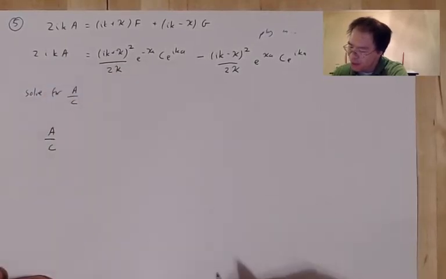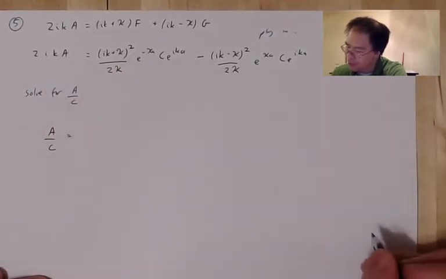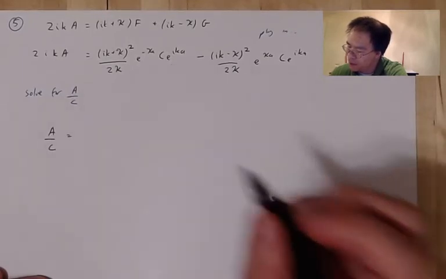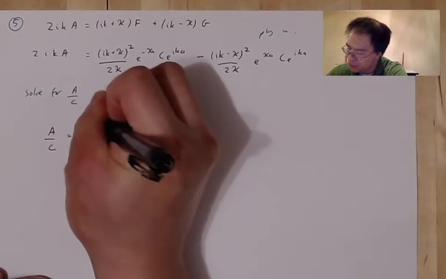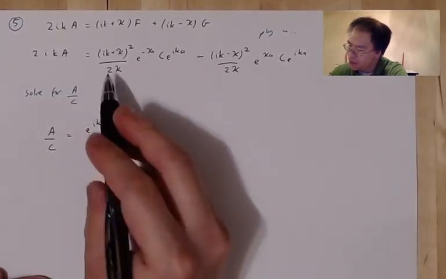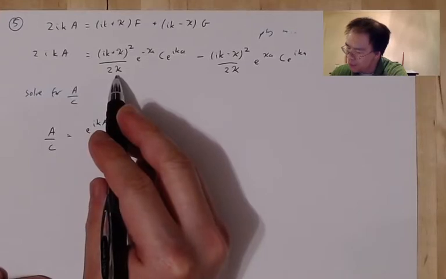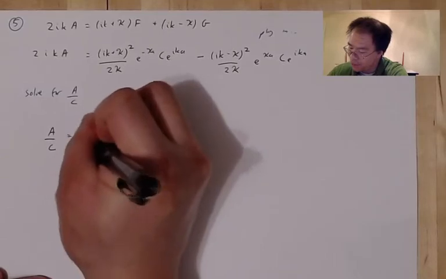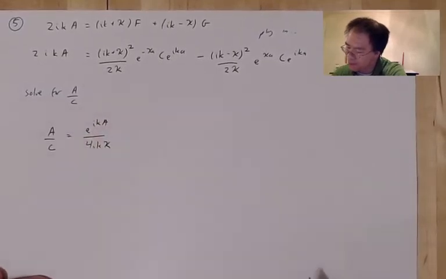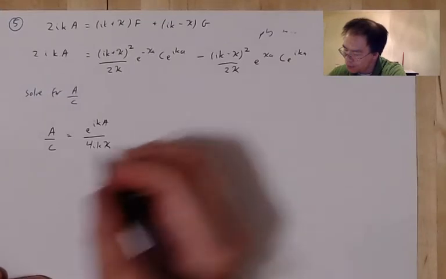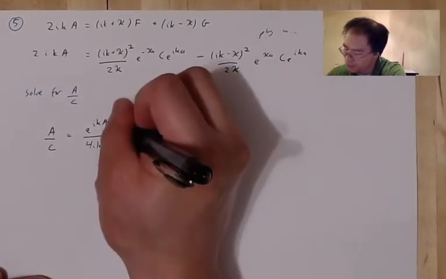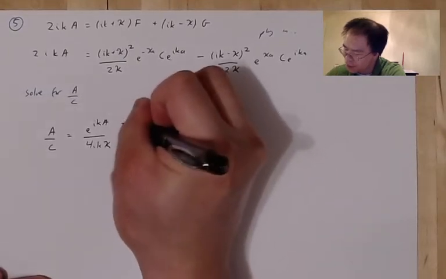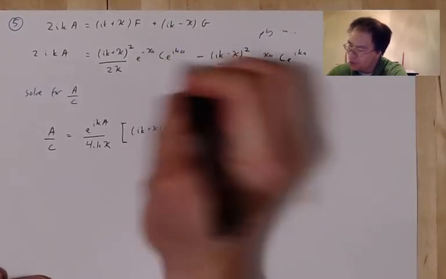So we get an a over c. I'll pull out all the stuff that's in front. So the common stuff is e to the ika upstairs. Downstairs we have 2 kappa, but I'm also going to divide by 2ik. So that gives me a 4ik kappa. And then we already pulled out the c and divided it over. So now if I put in big square brackets, we have ik plus kappa quantity squared.